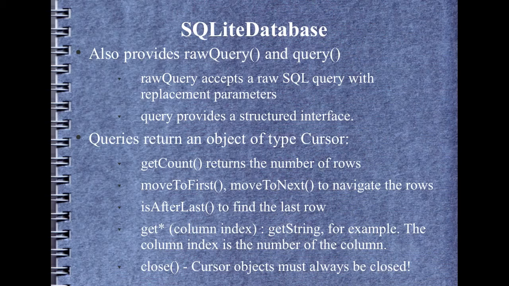We can use the cursor, whatever we call it. getCount returns the number of rows. We have moveToFirst, moveToNext. We have isAfterLast, and this returns true if we just moved past the last row in a query. That's how we find the last element in a query.